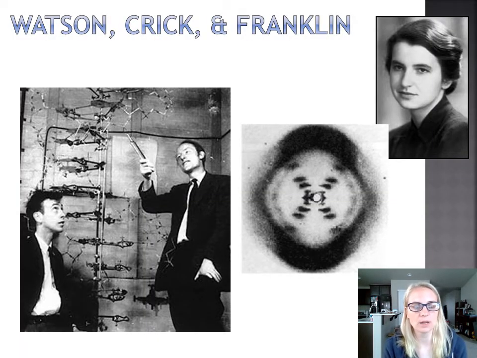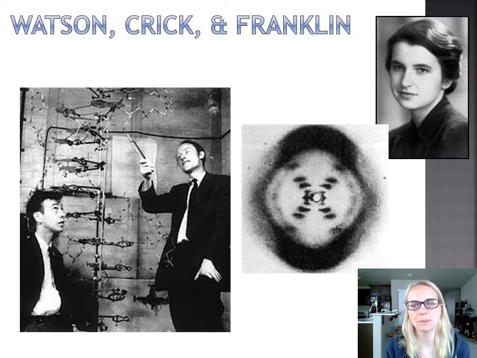You may have heard of the guys Watson and Crick, shown here in this picture as they're pointing to a large three-dimensional model of their structure of DNA. Prior to Watson and Crick publishing their paper, I think in April of 1952, people knew about nucleic acids.